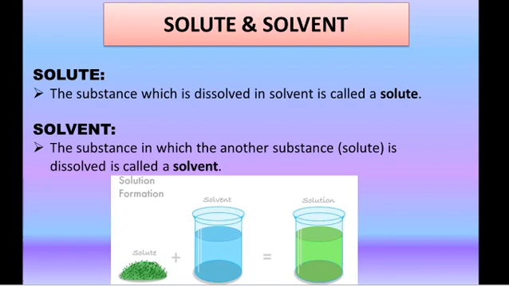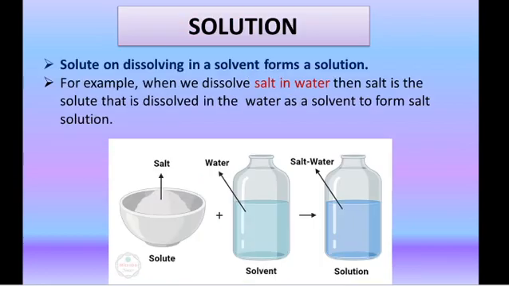If we add sugar, the sugar is called the solute, and we add it in water, so water is called the solvent, and finally we get a solution. So now we get a sugar solution. A solute on dissolving in a solvent forms a solution. Not only sugar, lots of things get dissolved in water.